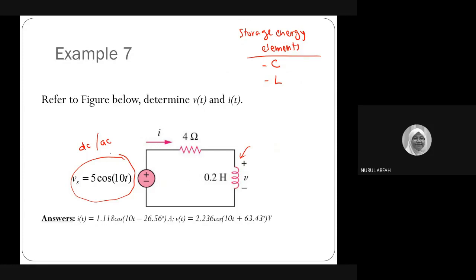Since this one is AC, you can convert it into polar form: 5 with an angle theta, 5 at 0 degrees, right? So basically you can use the normal rules here and answer the question. But before that, you also need to know the impedance of the inductor.